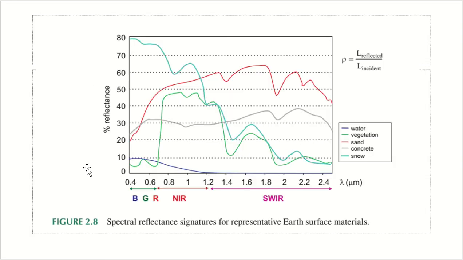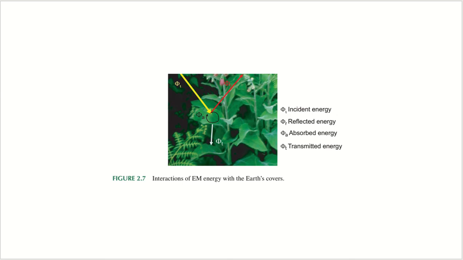Reviewing again, here are some spectral reflectance signatures for representative Earth surface materials. What this is showing, the vertical axis is a percent, ranging from 0 to 1 essentially. It's a fraction of the reflected radiance to the incident. So if we go back to our plant slide, it is the red arrow magnitude divided by the yellow.